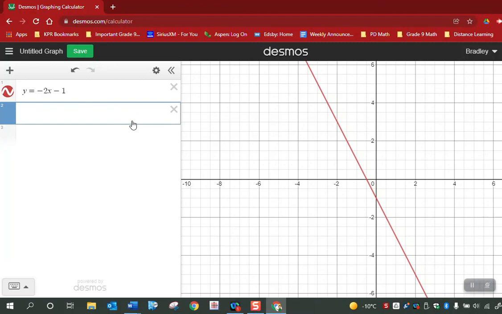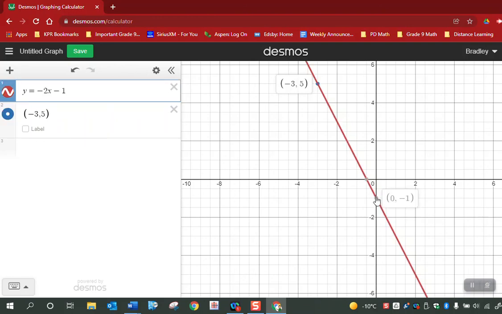The point we had was negative 3 comma 5. There's my equation, and there's my point. If it's on the line, that's a good thing. You can also see there's my y-intercept of negative 1. So it does help you to look at those things.